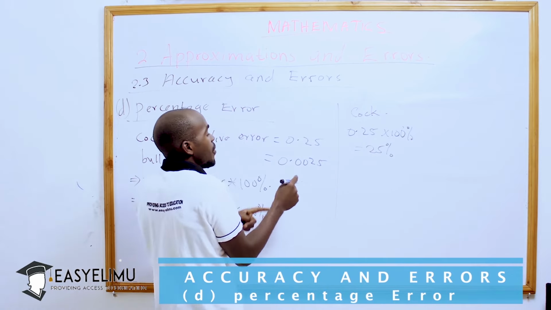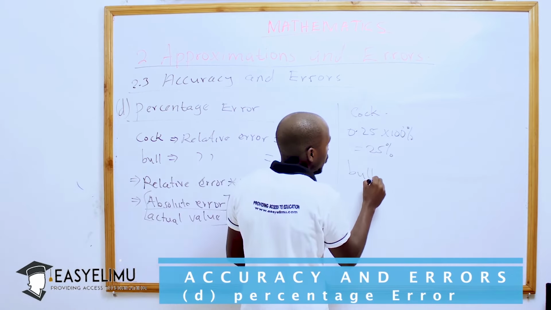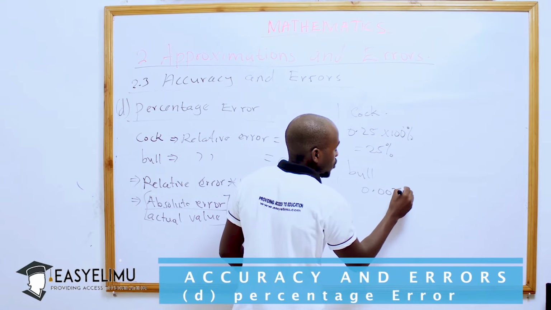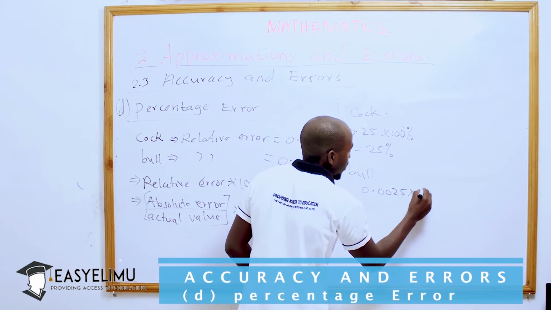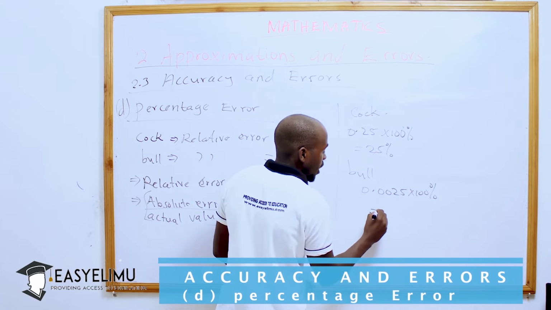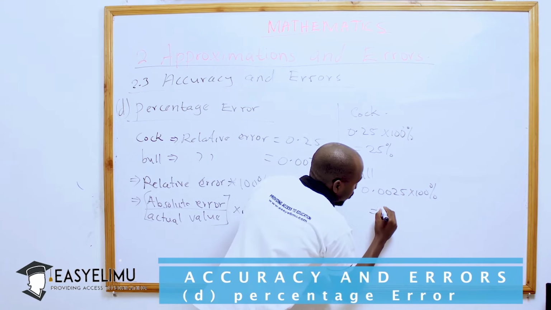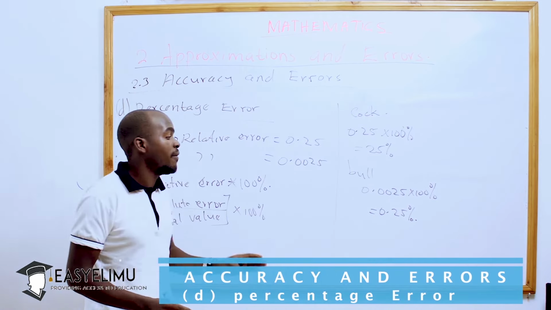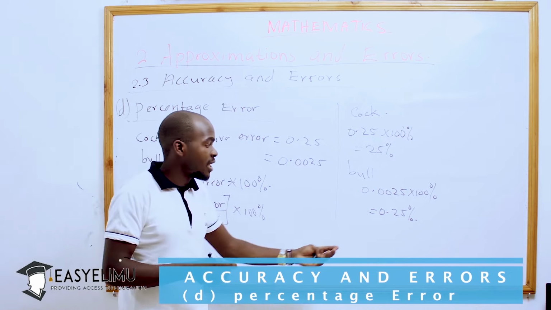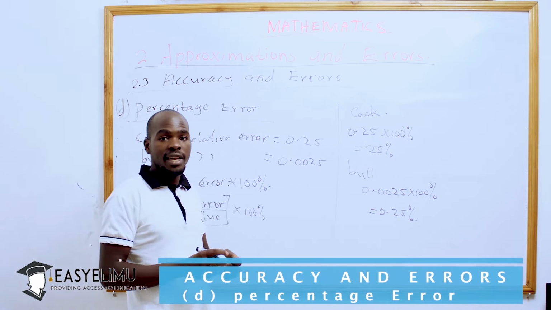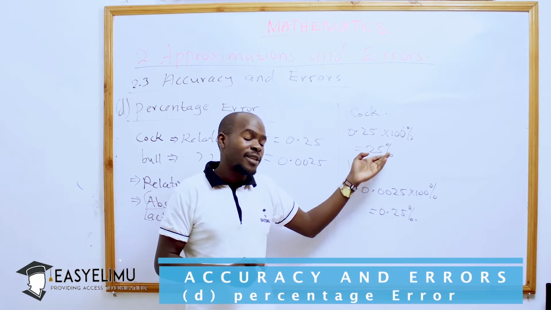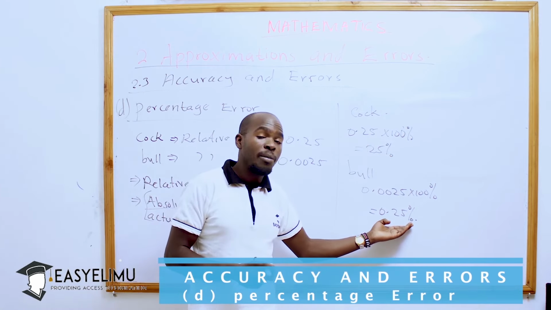And if you do the other way around for the bull, you will get 0.0025 multiplied by 100%, and it is going to give you 0.25%. So having that, we can compare the two percentage errors, and you will find that the cock has a higher percentage than the bull.